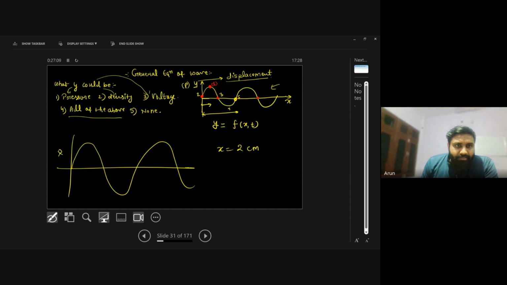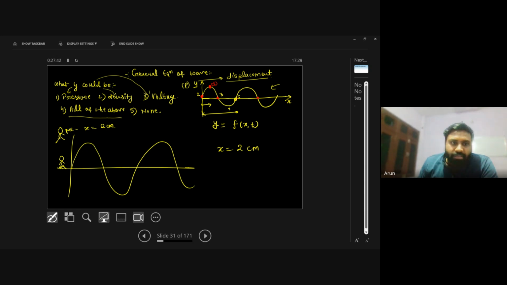Suppose you are standing here, and a wave pulse is forming, and this is me. I have told you to write the equation of this wave. So you will ask me, sir, for which particle do we have to write? I tell you that for the particle present at x equals 2 centimeter, observe that and write the equation of displacement of that particle.